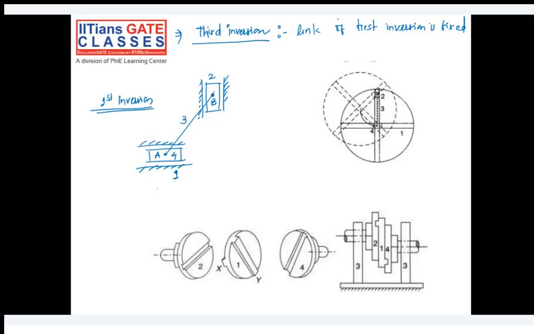Fourth link is slider, second link is also the slider, third link is the joint between them, and link one is basically a guide wedge. So what is this basically? This is how the mechanism will look like, but the practical application of this mechanism is Oldham's coupling.